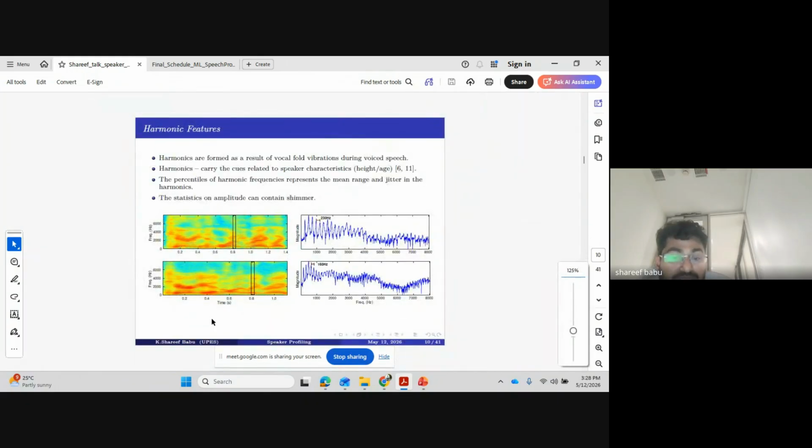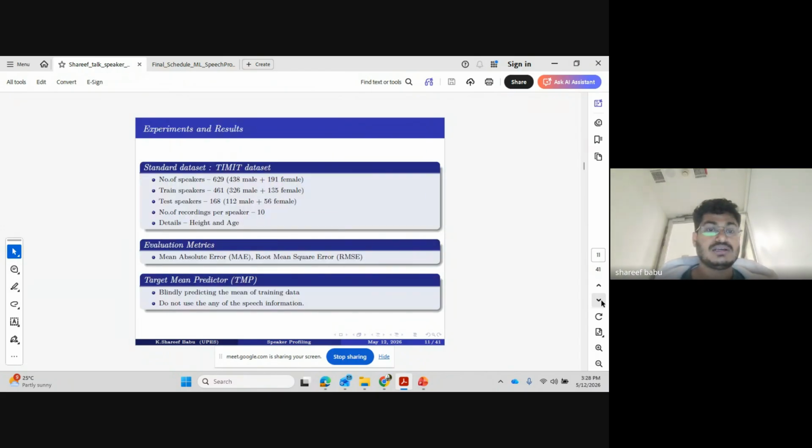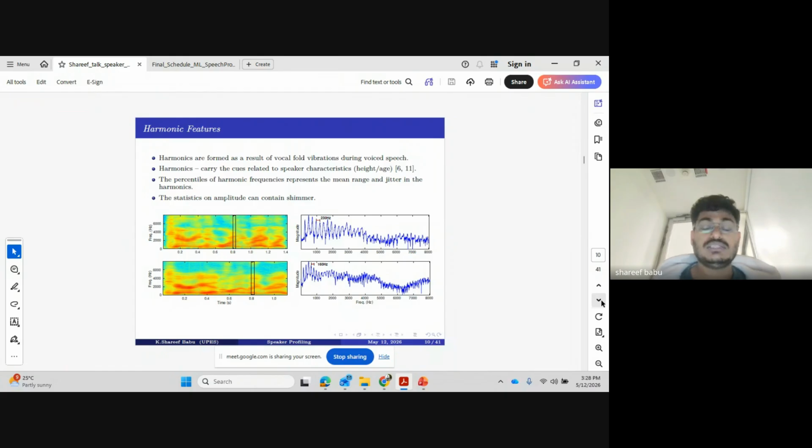These were the observations we could identify from the harmonics itself. We could understand from this that these features are represented at the overall utterance level, not at the phoneme level.